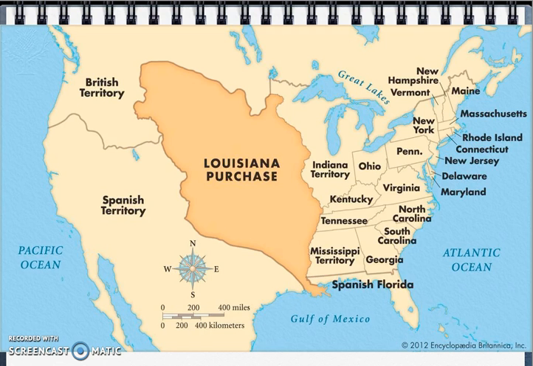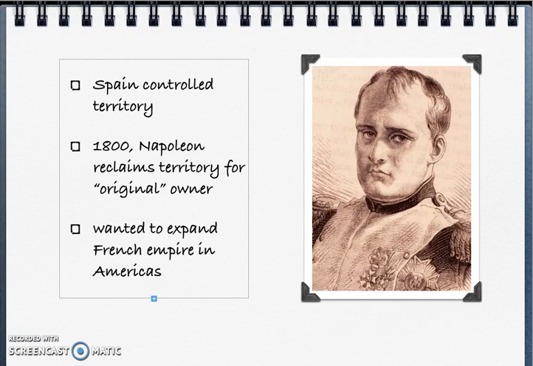The Louisiana Territory is a large tract of land which holds the Mississippi and the Missouri rivers. And of course, at the mouth of the Mississippi River is the valuable port of New Orleans. The Louisiana Territory in general was controlled by Spain at the time.